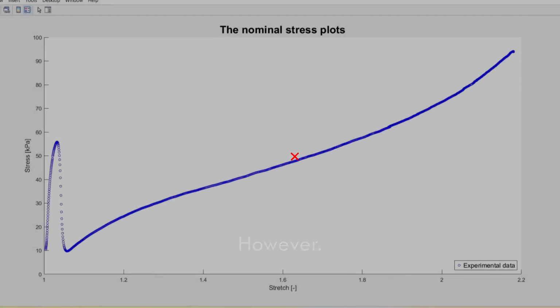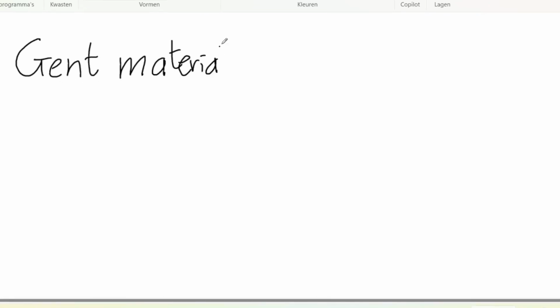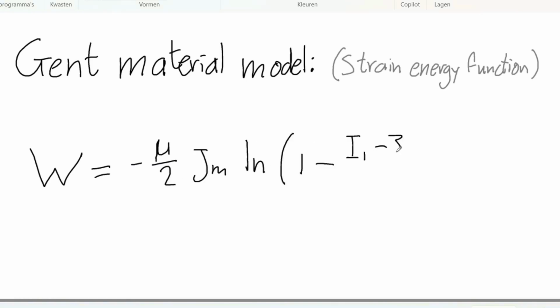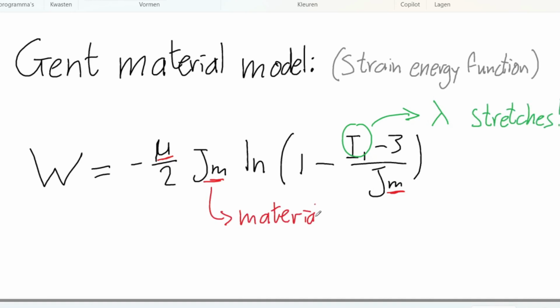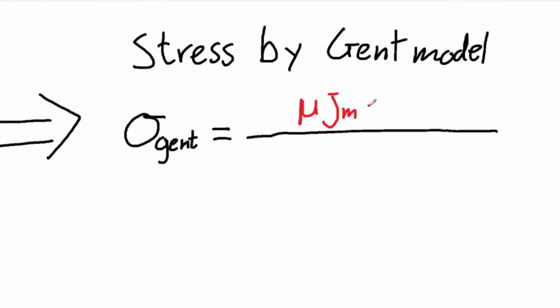However, this is not a material model of the mechanical behavior yet. For this, I have used the so-called strain energy function of the Gent material model, which describes the behavior of hyperelastic materials based on the stretch ratio and some material parameters in a standardized equation. A relation for the stress can be derived from this strain energy function, enabling me to graph the material model against the experimental data.